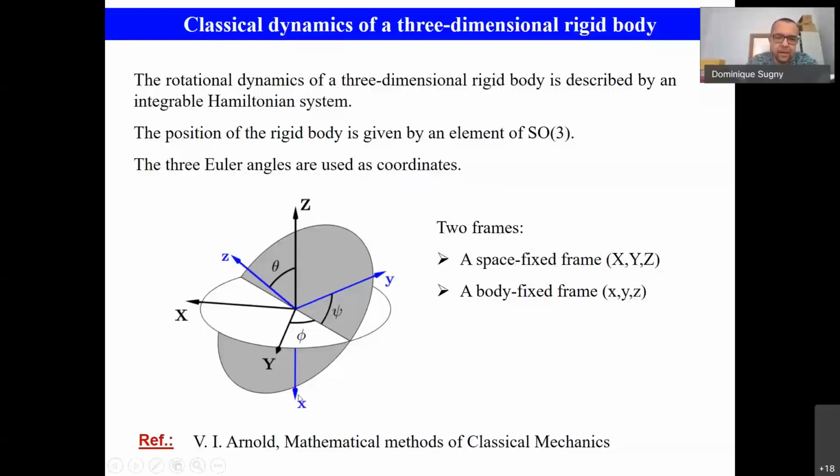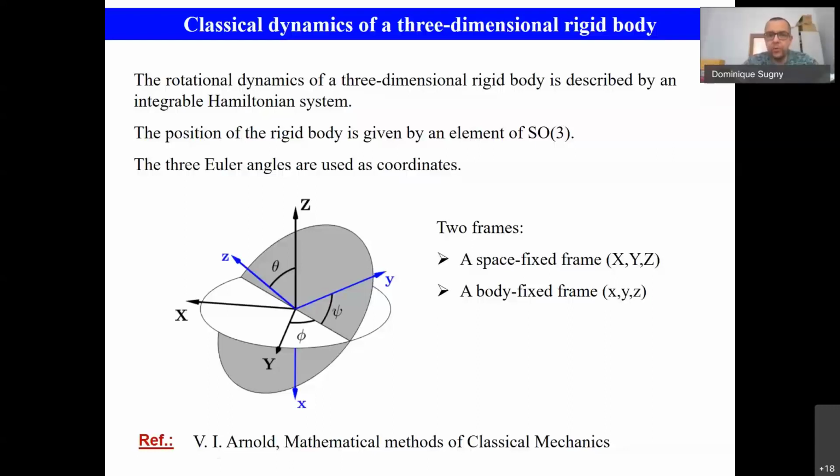In my picture here, it corresponds to the axes capital X, capital Y, capital Z. And we have another frame which describes the position in space of a body fixed frame, small x, small y, and small z. So with this rotation matrix, I can describe the position of a body fixed frame with respect to the space fixed frame.